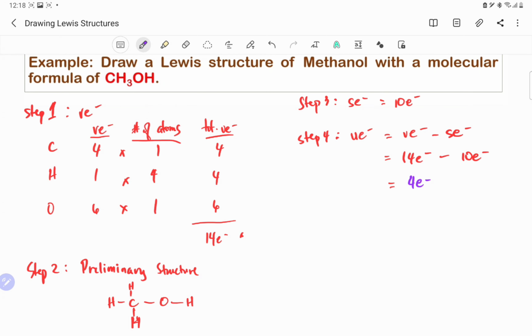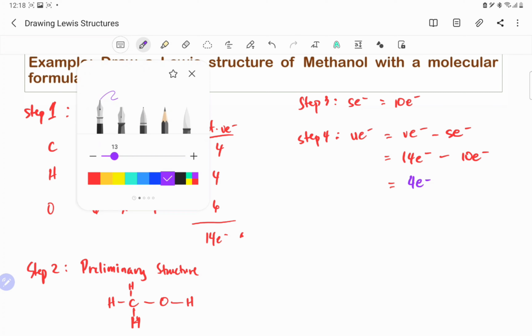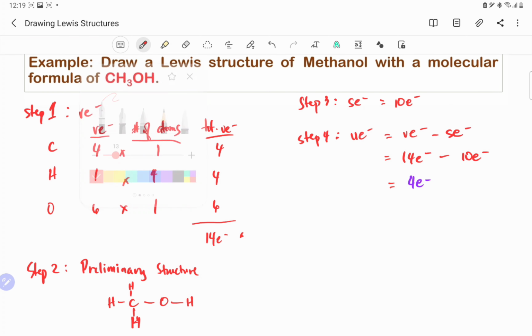Okay, so step 5, allow me to draw this preliminary structure again. These 4 electrons should be distributed to the atom with an incomplete octet.